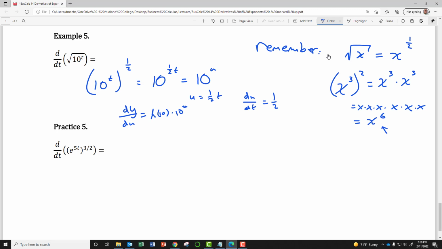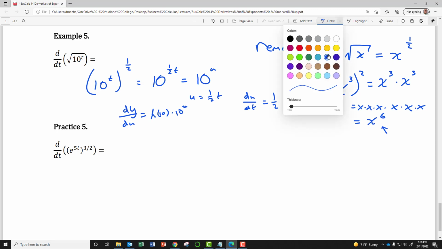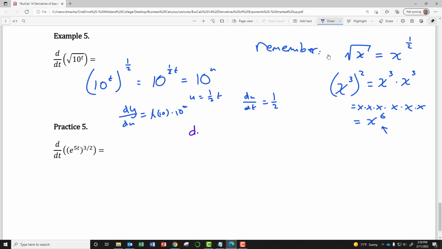And putting this all together, let me go ahead and rewrite the derivative chain rule. It's saying the derivative of your whole function with respect to your independent variable is going to be dy du times du dx, where I get to choose what my definition of u is. And in this case, we chose u is 1/2 t, because I sort of saw that 1/2 t nestled in there.